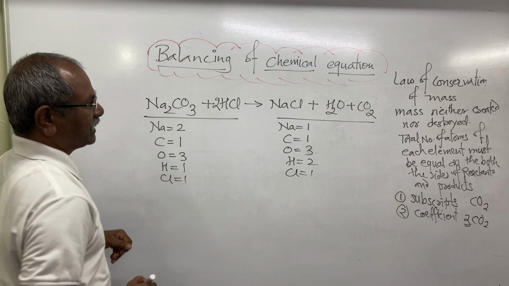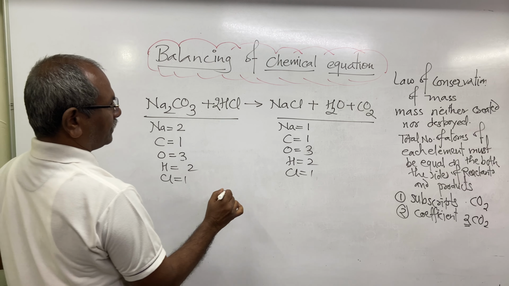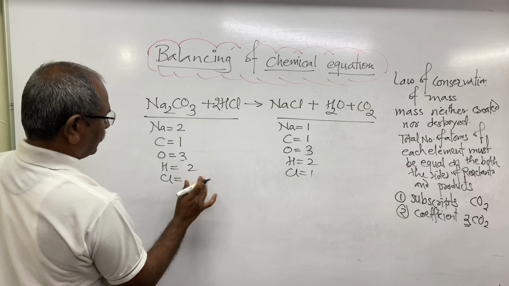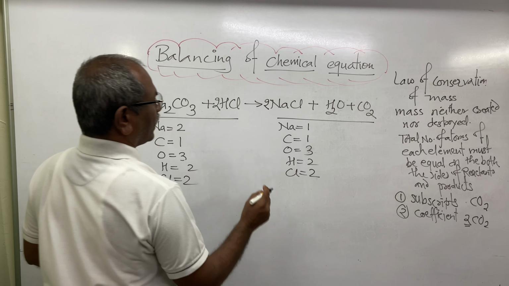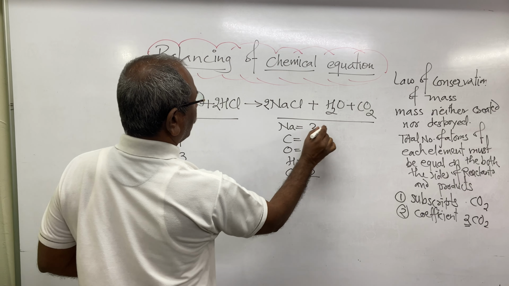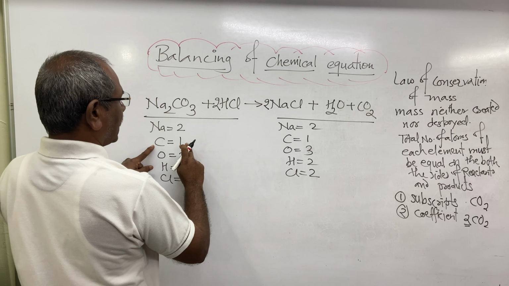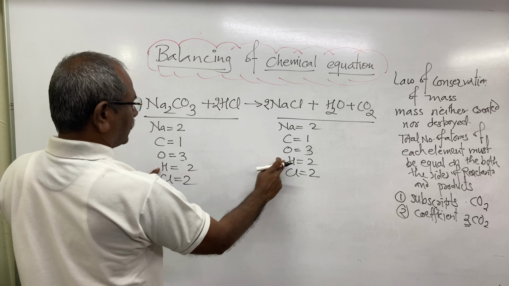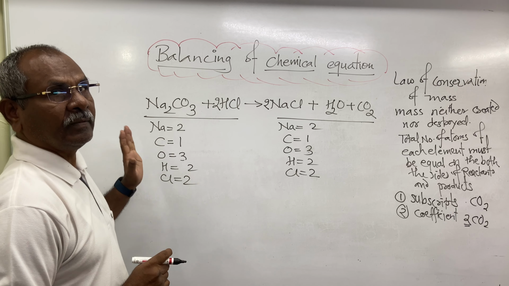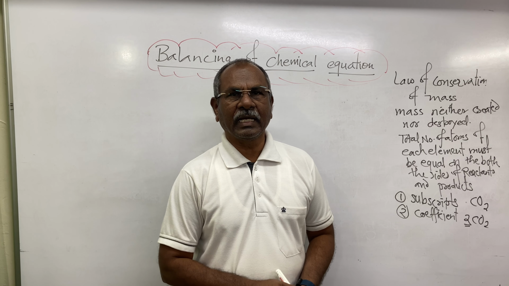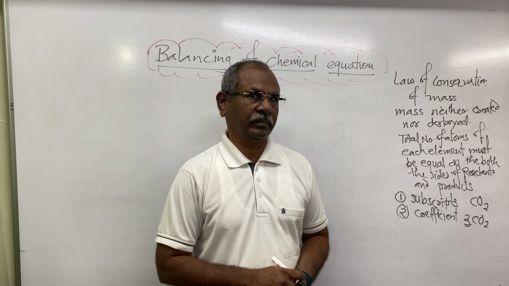So twice of HCl, 2 hydrogen, 2 Cl atoms, here 2 Cl atoms. Okay, Na2. Now Na2, carbon 1, oxygen 3, hydrogen 2, Cl2. So this is the balanced chemical equation. In this way we can balance any given chemical equation. Thanks.